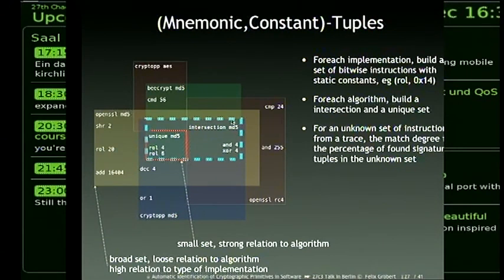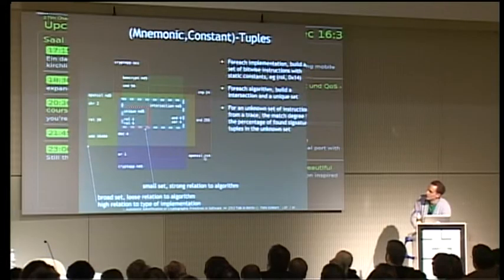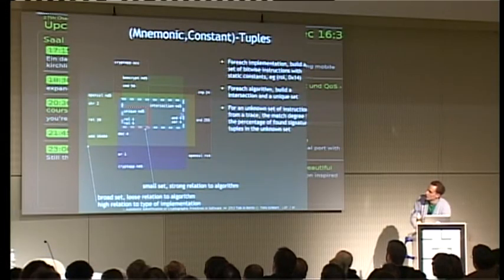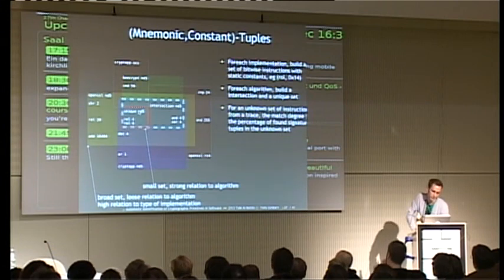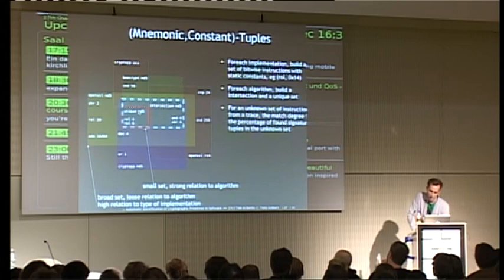This is one set which can be used to identify MD5, but there's a further set, the unique MD5 set, which is the subtraction of other implementations. For example, if you subtract the OpenSSL RC4 implementation out of the intersection set, you get the unique set. The unique set has, of course, a stronger relation to the algorithm, but is also smaller.